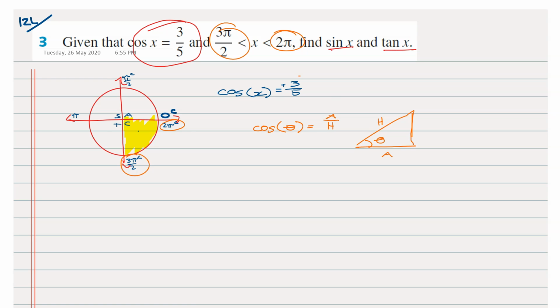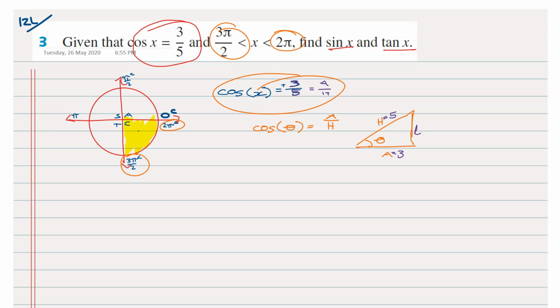Looking at this purple triangle, we have 3 over 5, so this is the adjacent and this is the hypotenuse. The adjacent is the equivalent of 3, and the hypotenuse is the equivalent of 5. So then it becomes a question of, what is this value here?